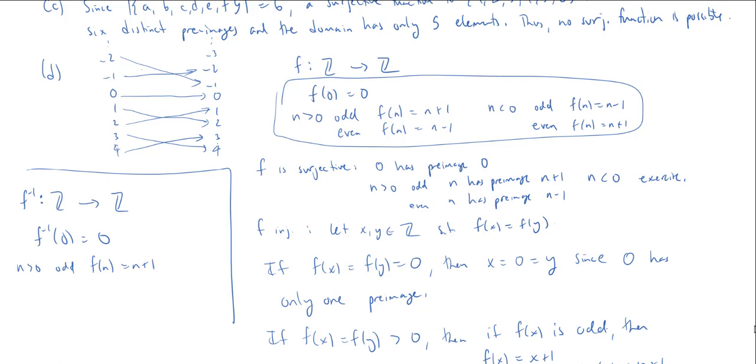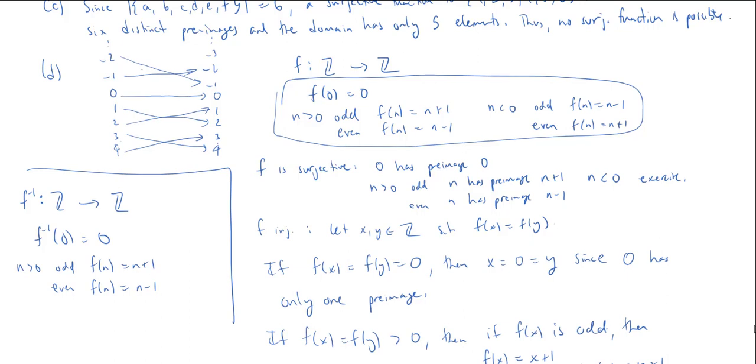Let's say I start with 3. f sends it to 4, and now this f inverse says, oh, it takes 4, sends it back to 3, subtracts 1. Okay, so these two functions are going to undo each other because every odd instance is going to turn it into an even, and then the even just sends it back.